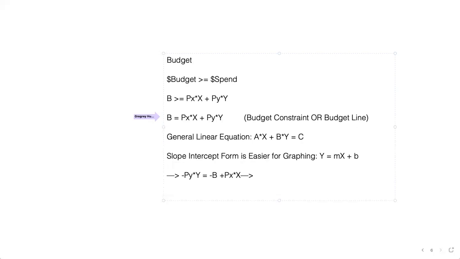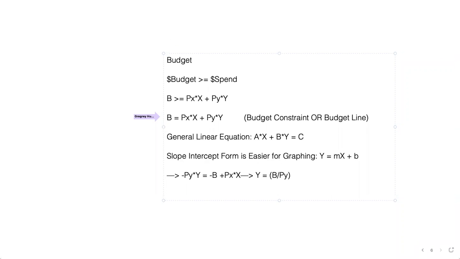Yeah. Right. So the negative signs are important here because now we're going to end up with y is equal to our budget divided by the price of y. And that's going to be our vertical intercept term.